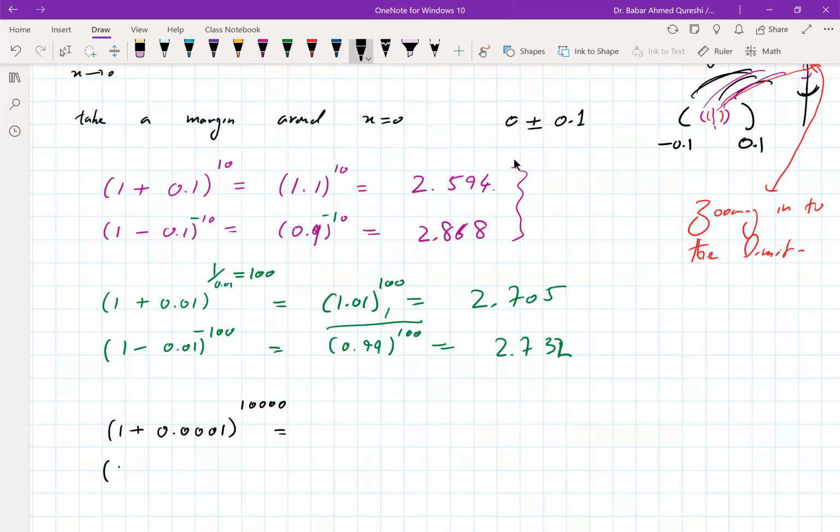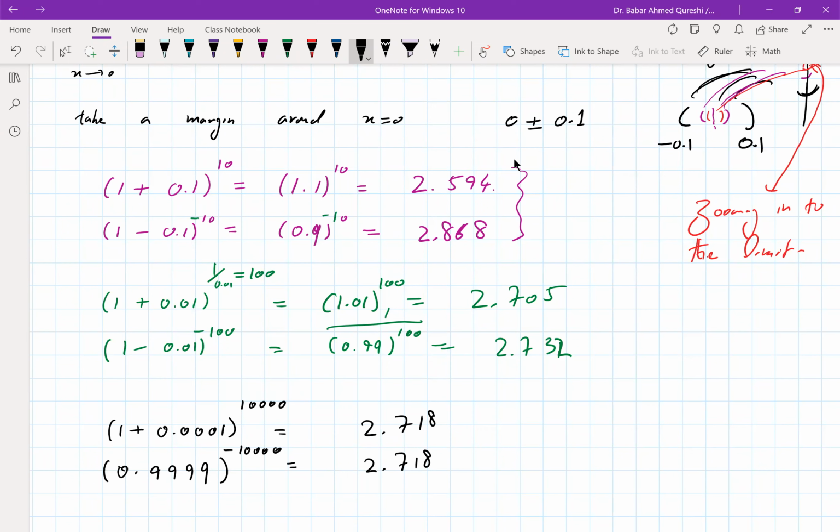Similarly, 0.9999 to the power minus 10,000. When I plug in these numbers in calculator, I get over here 2.718, and this one also 2.718.